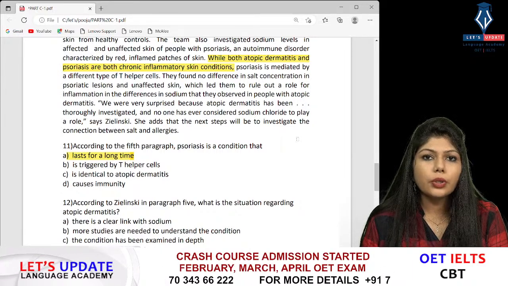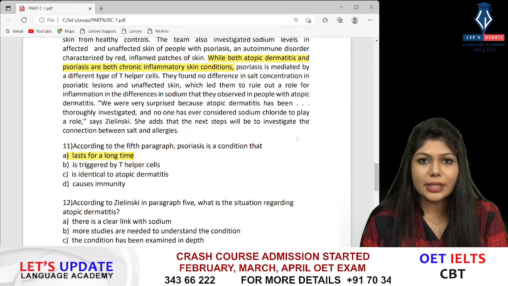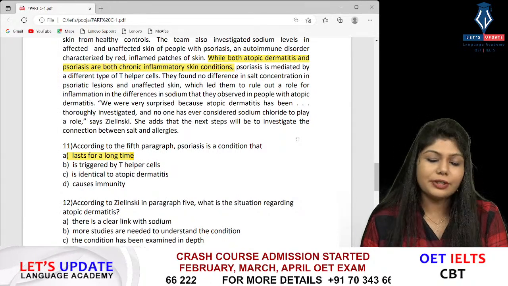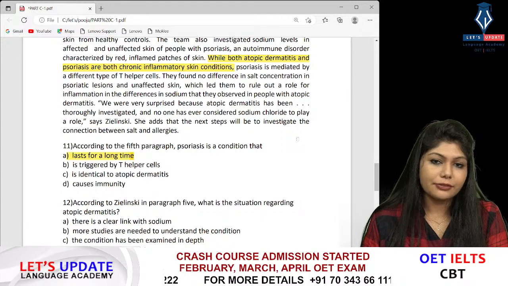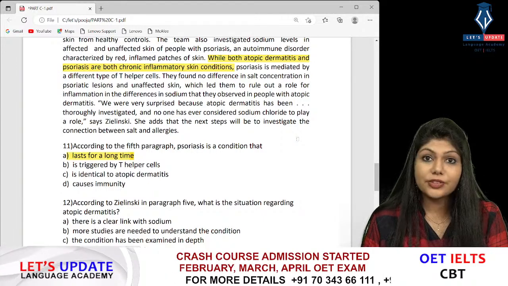For those of you who have joined in late, we are currently solving question number 12, and please feel free to put in your choice of answers after reading the paragraph that is visible to you now.